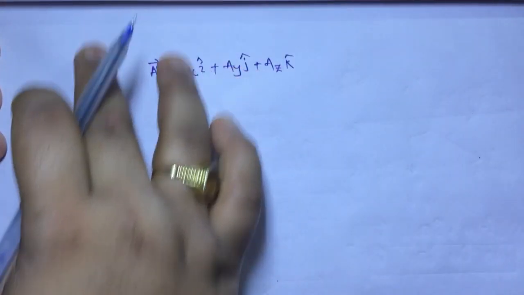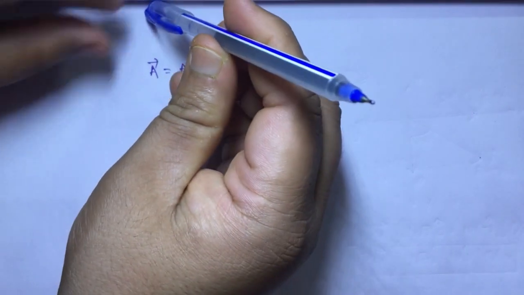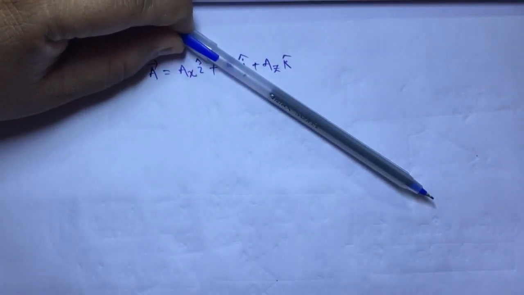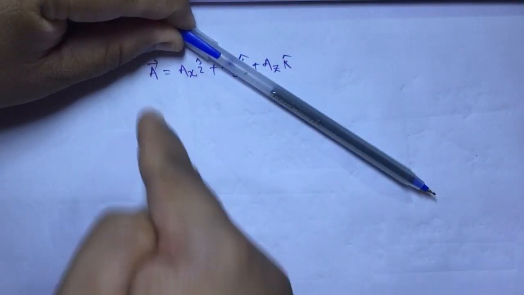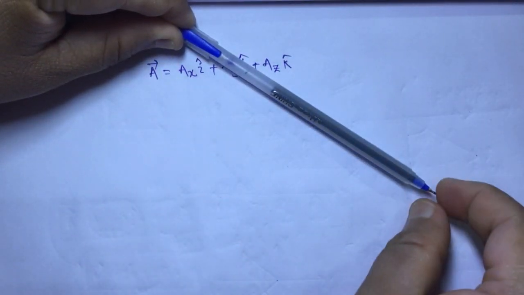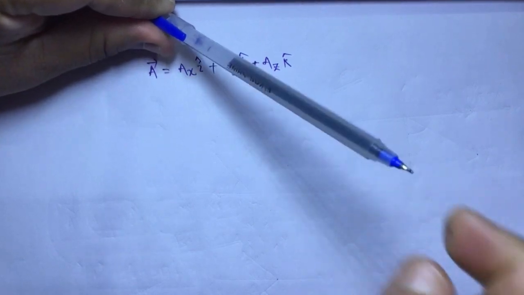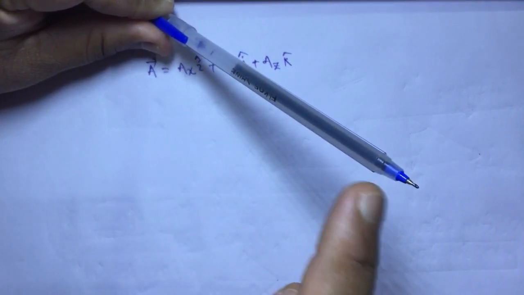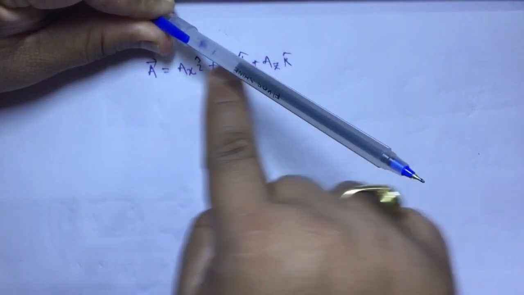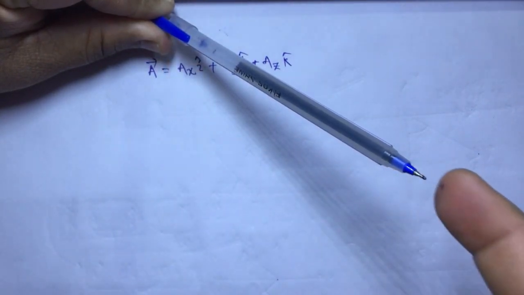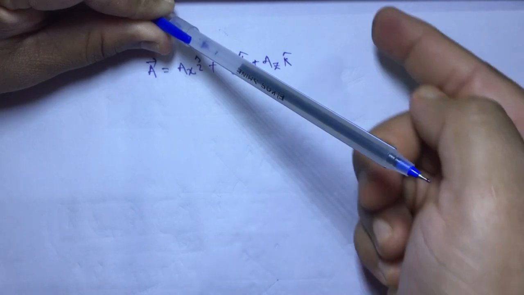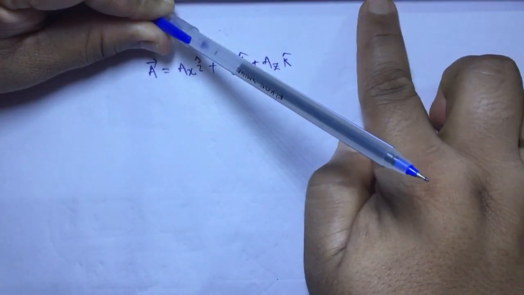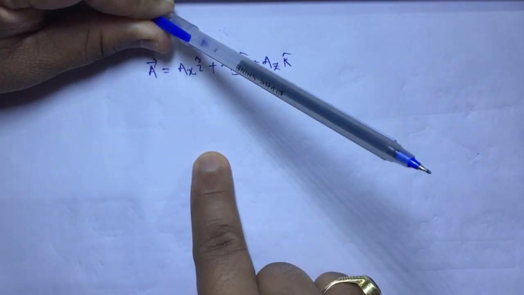If this is a 2 dimension case and the vector is like this, then it will have 2 components, one along this and one along this. But if the vector is like this, now it is a 3 dimension vector. It has some length, some width, and some height. So obviously it will have 3 components, one along this direction, one along this direction and one towards this direction.